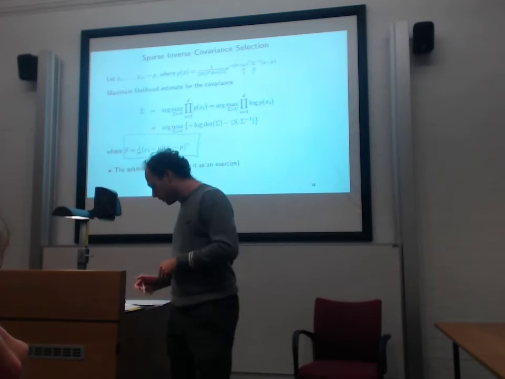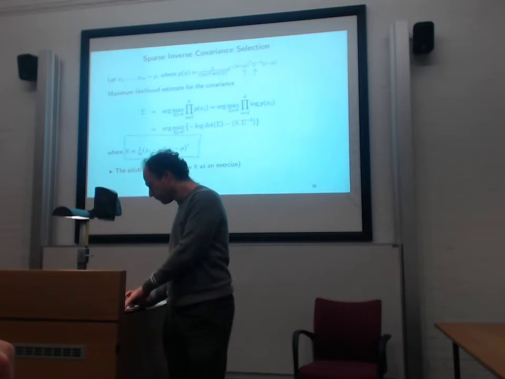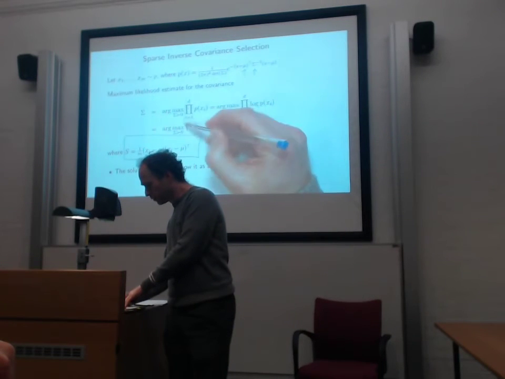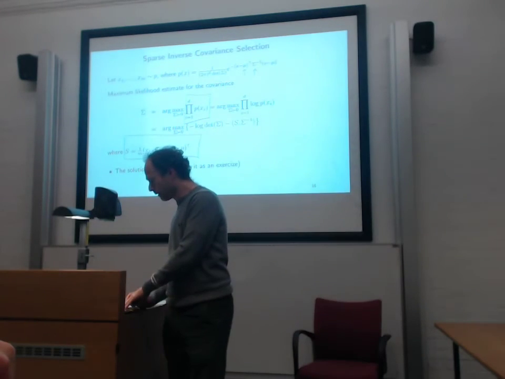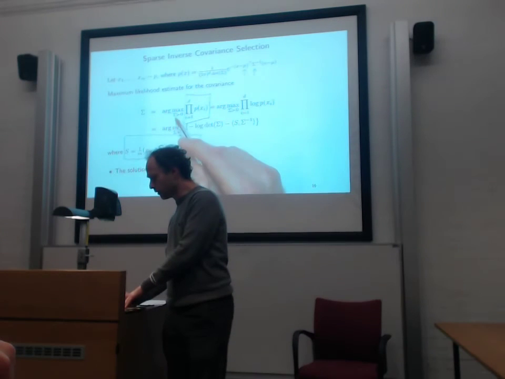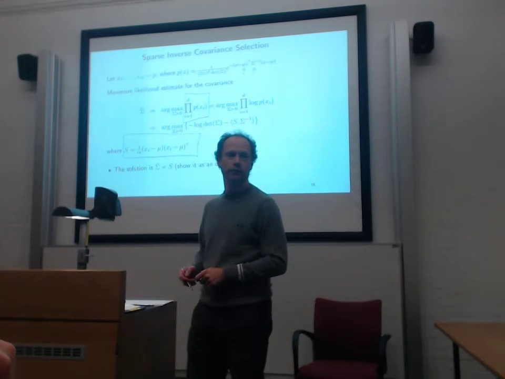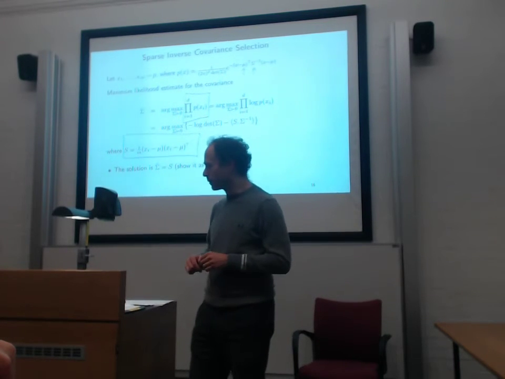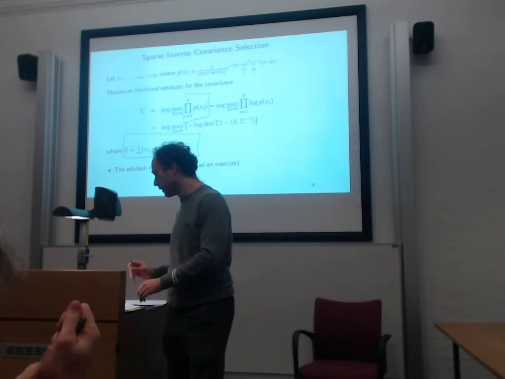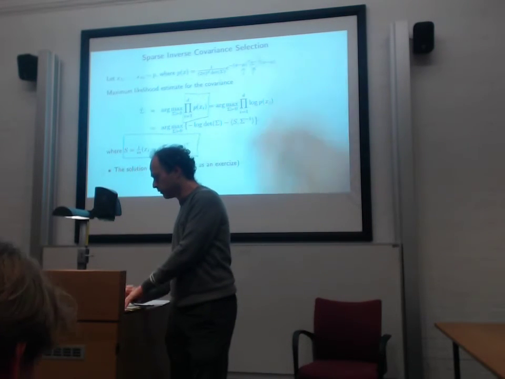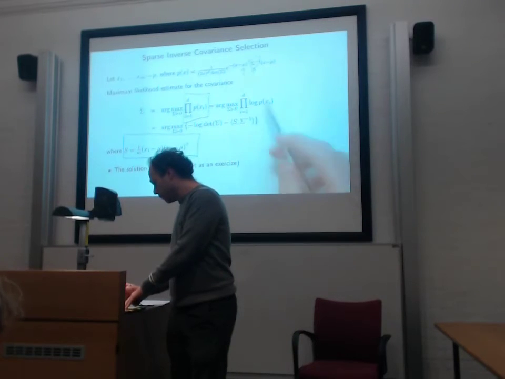And this you see by putting in the likelihood, which is the product of the P of x_i. So you need to maximize over all matrices sigma which are positive definite. The underlying covariance must be positive definite. This is the assumption because here you have inverted it. And then you work it out.